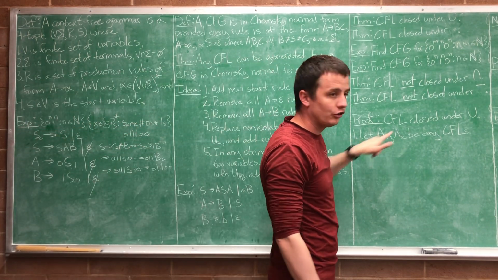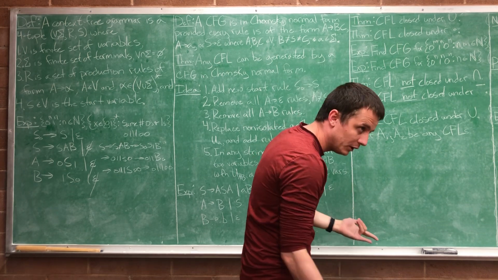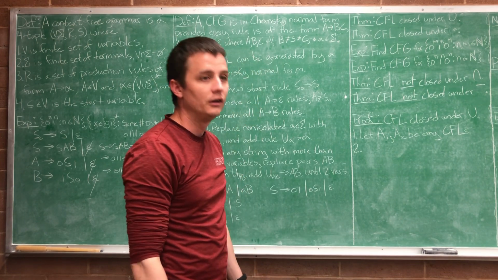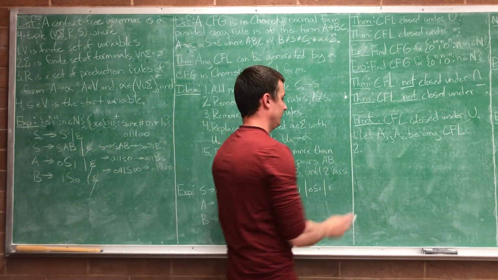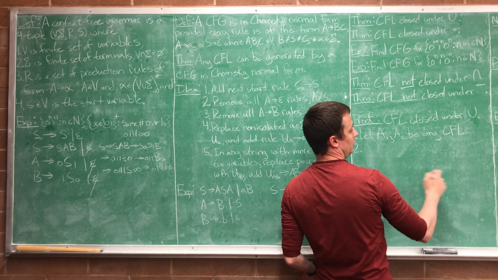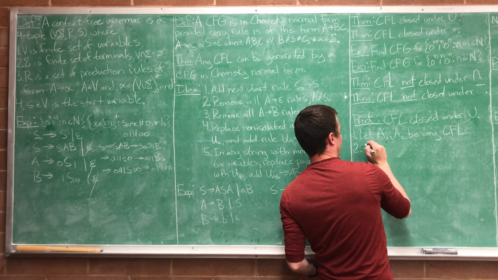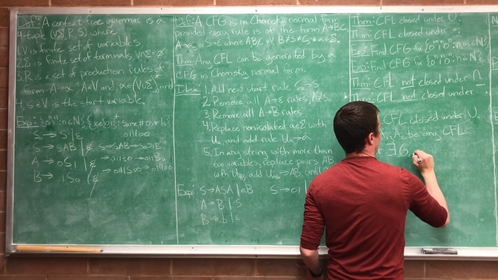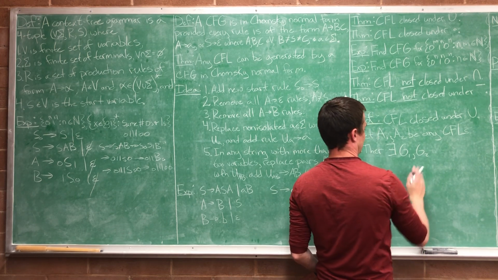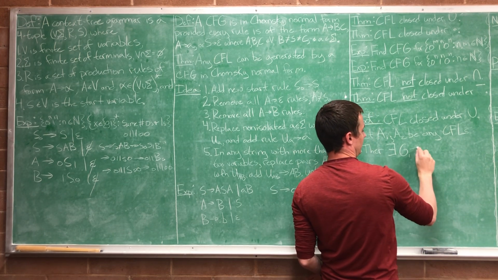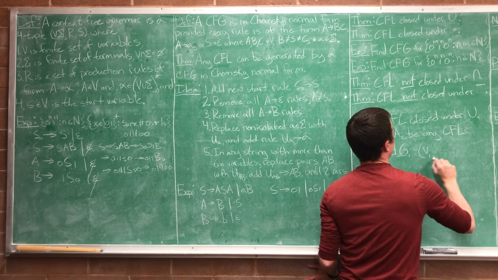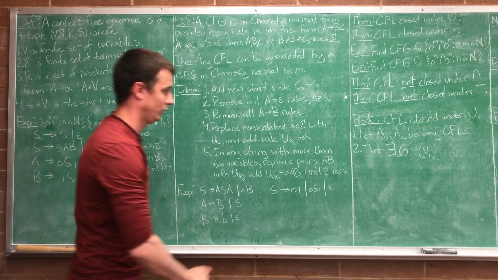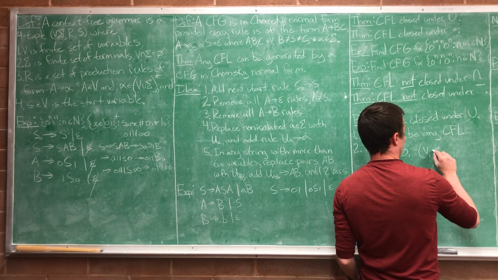So I know that A1 and A2 are context-free languages. And so what do I know about those two? That each of them can be generated by a context-free grammar, that each of them has a corresponding context-free grammar that generates them perfectly. So let A1 and A2 be any two context-free languages. Then there exist G1 and G2. We'll actually name these grammars. G1 equals (V1, Σ1, R1, S1), having variables, terminals, production rules, and a start variable.